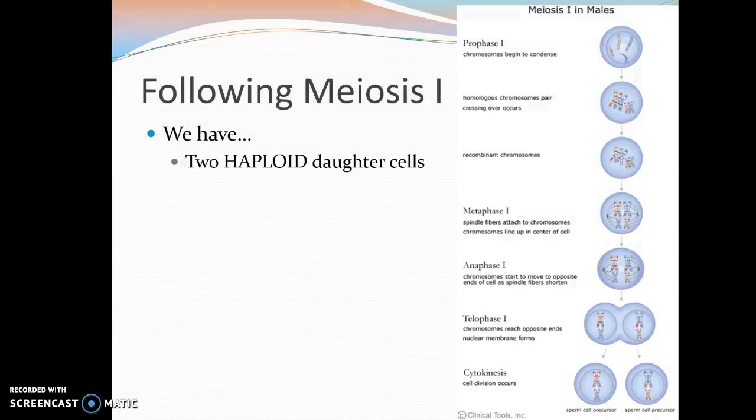All right, so following meiosis 1, we are left with 2 haploid daughter cells. So right here, this is a visual of meiosis 1 in males. And so you see at the end of meiosis 1, you have 2 cells that are produced, and they are haploid daughter cells.